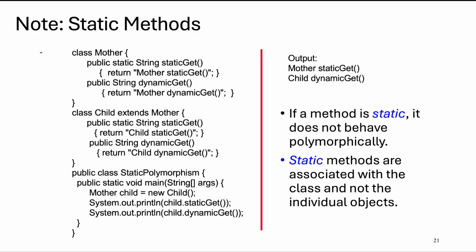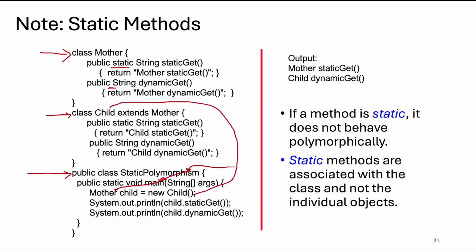Here we have a class Mother with a static function and a non-static function. Next, we have a child class which extends Mother. Now when we execute this program, static polymorphism, the Java compiler enters here, visits the main function, and then comes here: Mother child equals new Child.